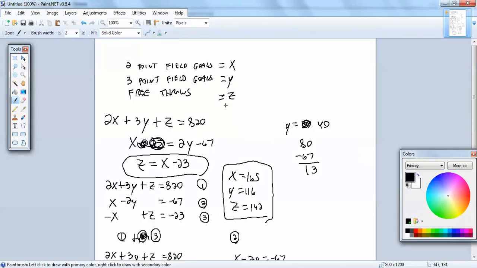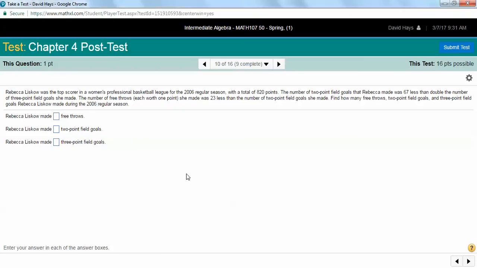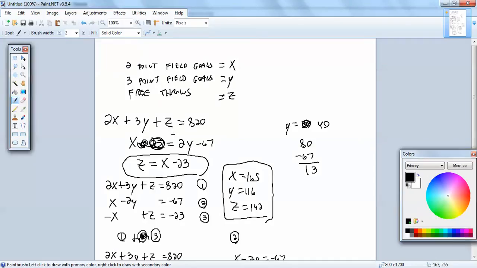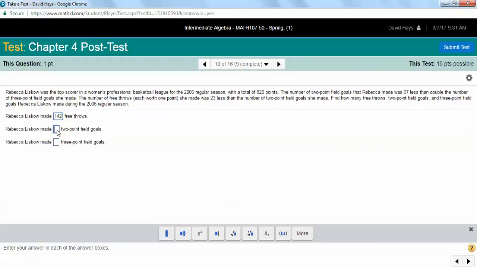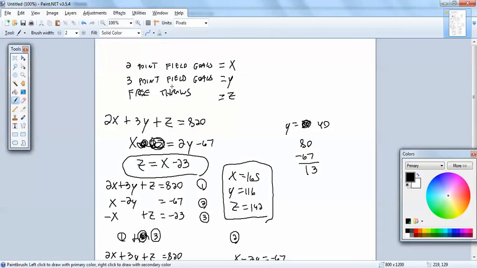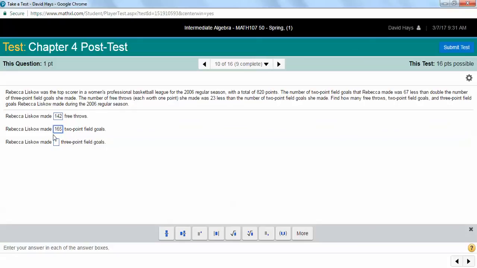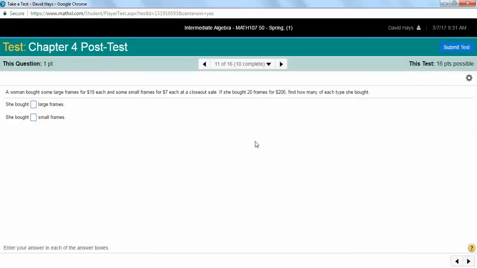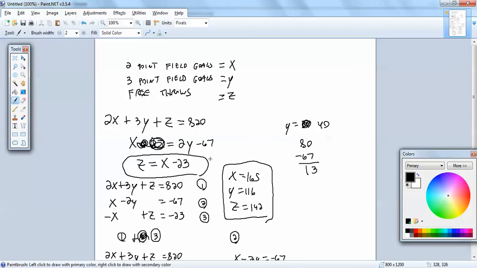Free throws was z, which we said was 142. 2-point goals was x, which we said was 165. 3-point is y, which we said was 116. Oh, that was an unpleasant problem. Let me clear that off.